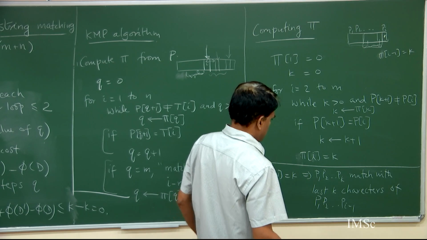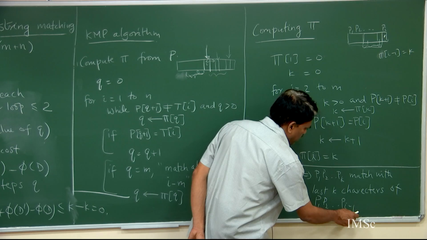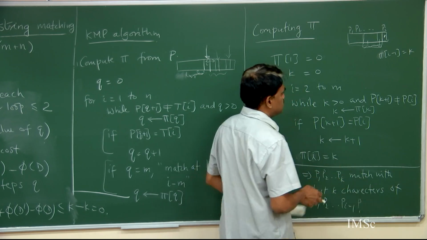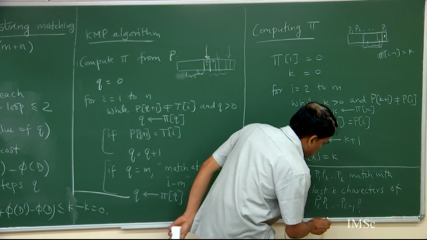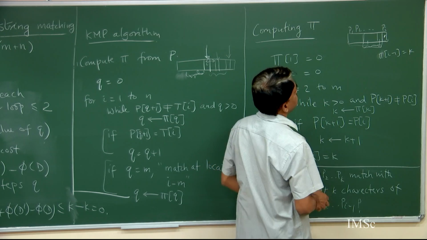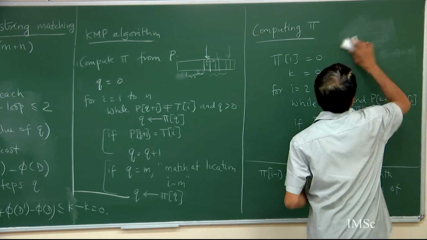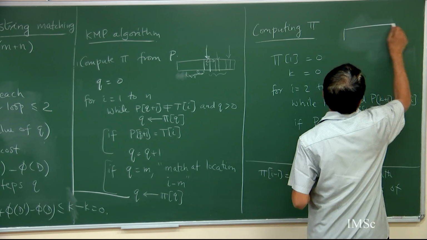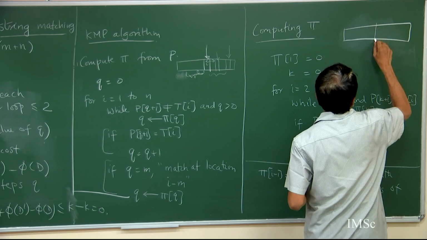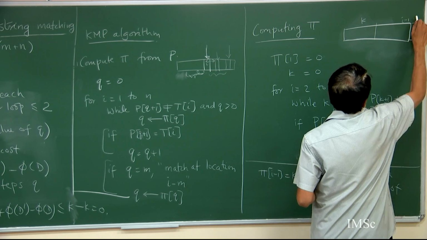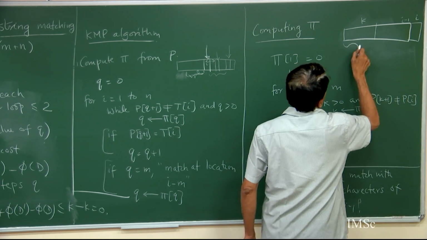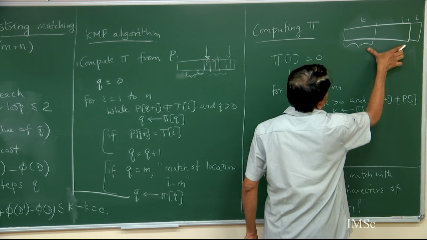So, now if I just look at p I, that is what is happening. This is p 1 to p k, and this is I minus 1, and I am at the ith location. So p 1 to p k match with the last k characters of this.